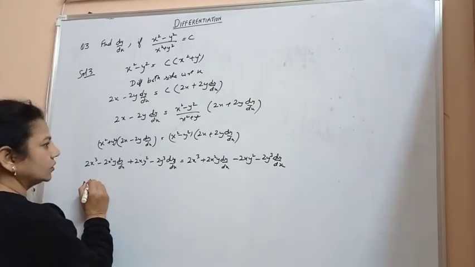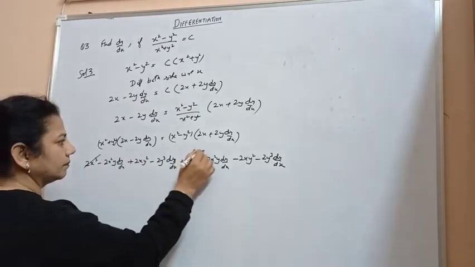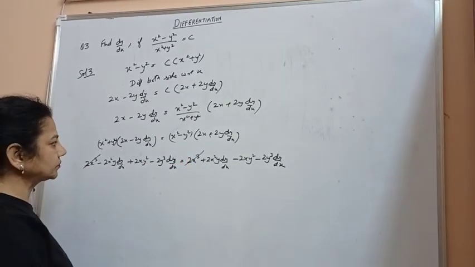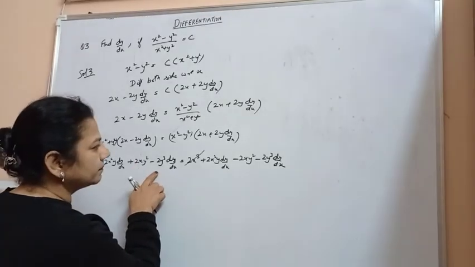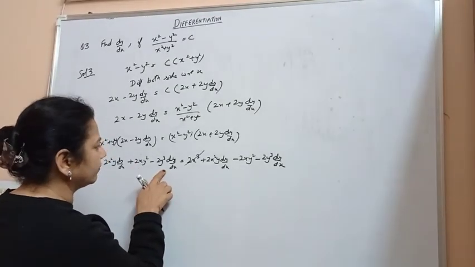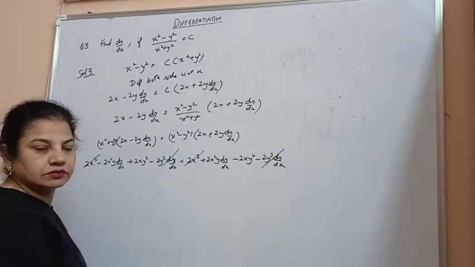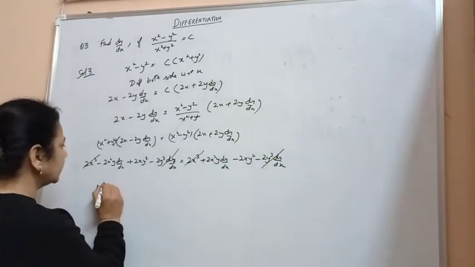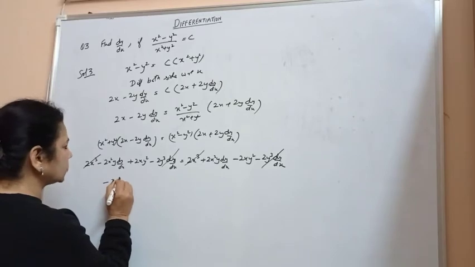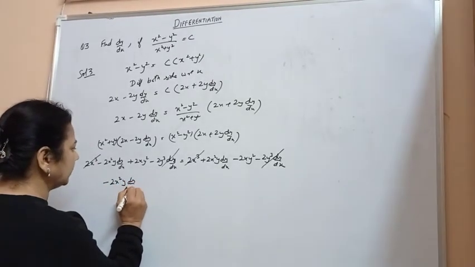So the 2x cube cancels out, and minus 2y cube dy by dx and minus 2y cube dy by dx cancel out. I am left with minus 2x square y dy by dx.